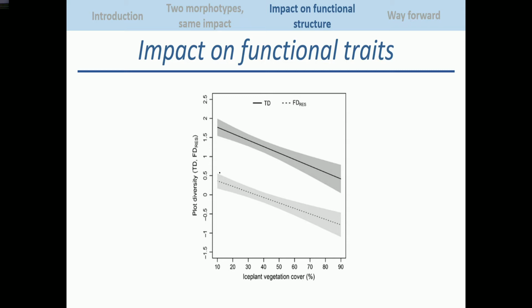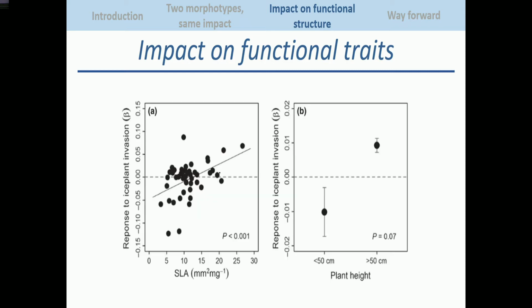And we already knew, because of work by the same lab in Rome, where I did my PhD, that there is a decrease of both taxonomic diversity and functional diversity in response to the cover of the invasive, and that the species that were most impacted, suffering the most, were those that had a low value of specific leaf area and low plant height.